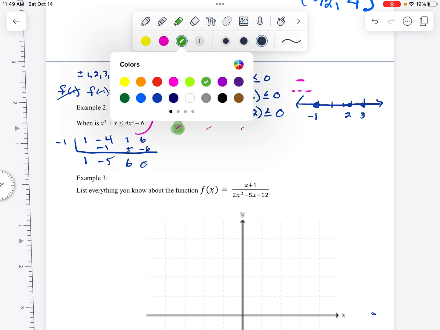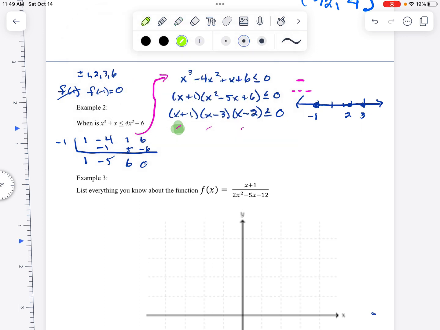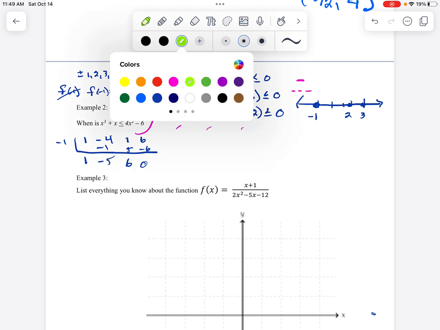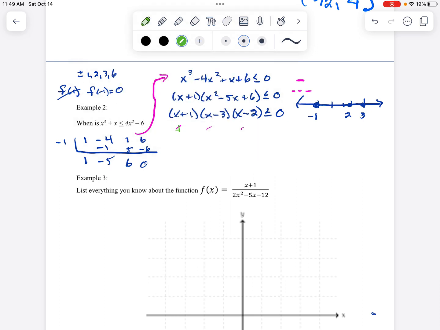Whoops. I hit the wrong one. This is going to be a positive. This is still going to be a negative. This right here is still going to be a negative. So I have a positive times a negative times a negative. Those y values will be positive.